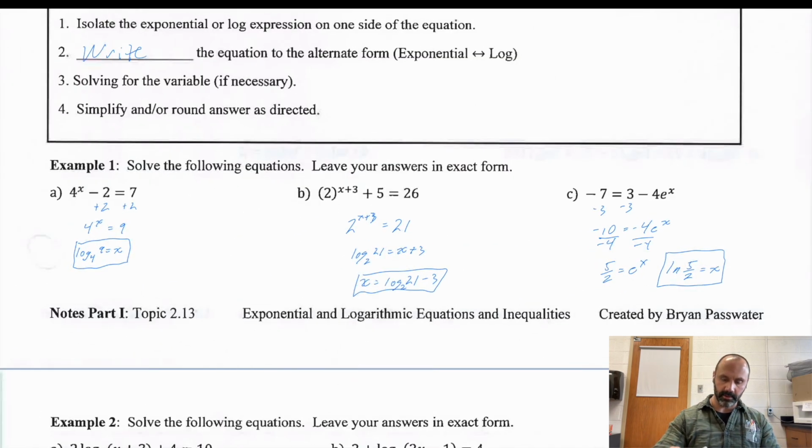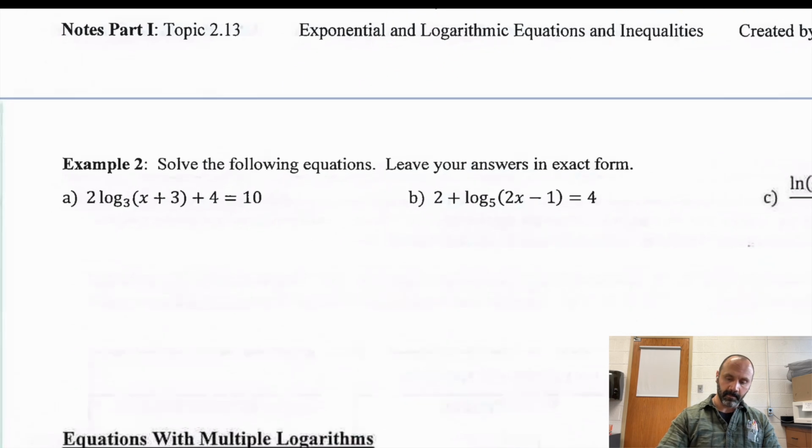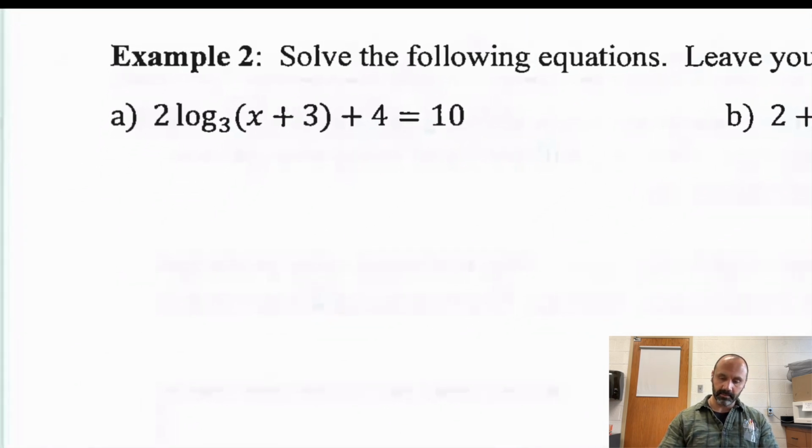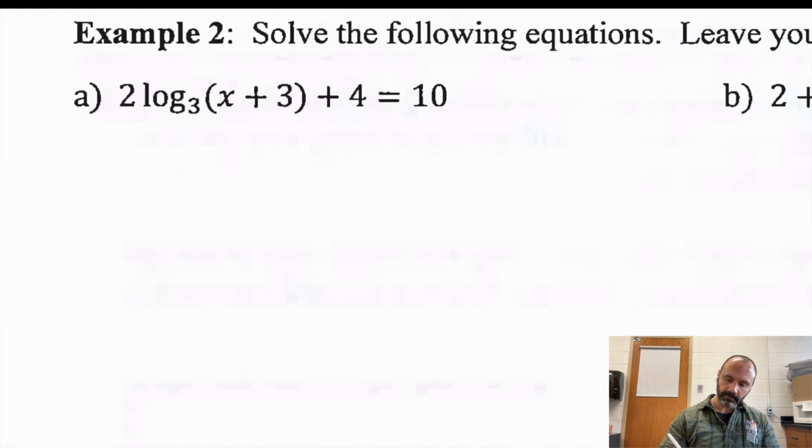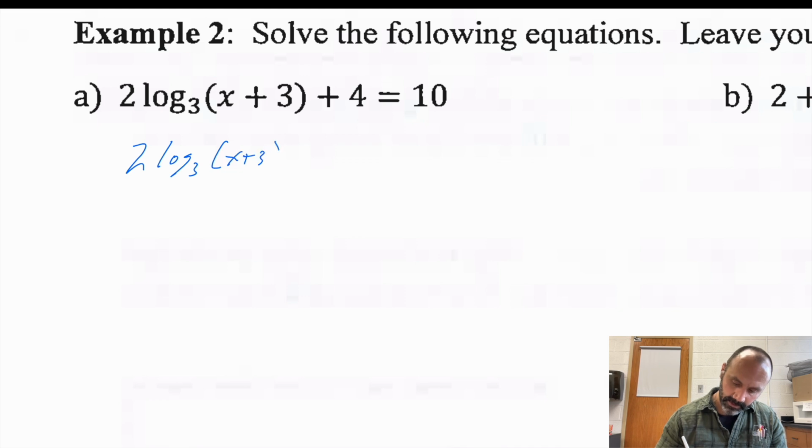Now let's see what it looks like solving logarithmic equations and expressions. Okay, so let's see. I'm going to get the logarithmic expression by itself and then make it exponential, write it in a different form, and continue to solve if I need to. So first of all, this is going to be 2 log base 3 of x plus 3, subtracting 4 from both sides, so equals 6.